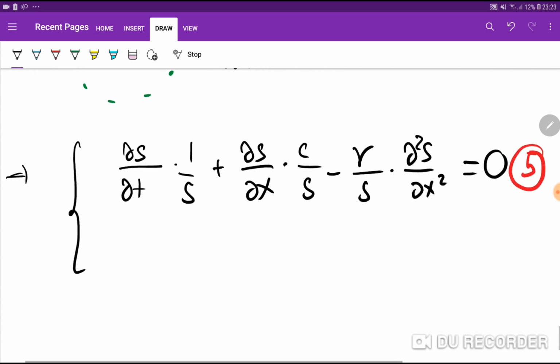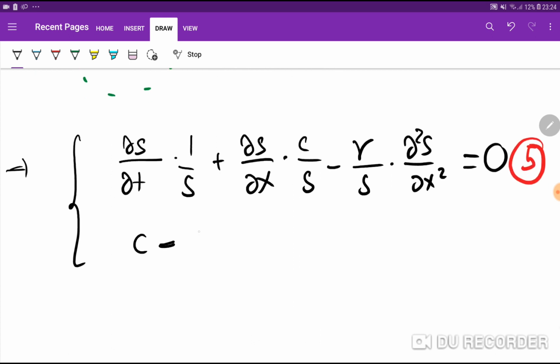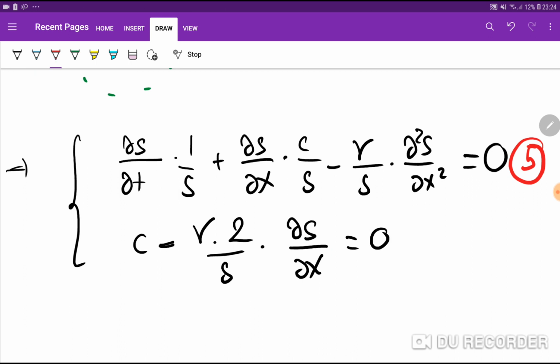And then the next thing we have is c minus mu times 2 over s times partial s over partial x equals 0. And this is equation 6. Okay, so we have these two constraints, 5 and 6. We can use these two constraints to find s, right?